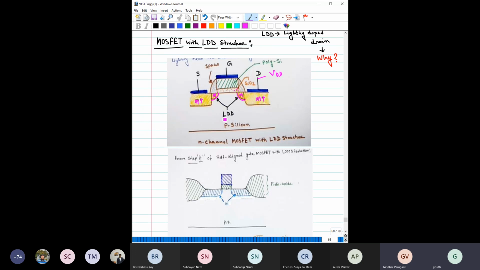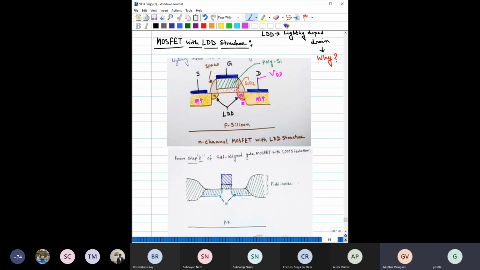To prevent that, people have introduced a region which is lightly doped beside this N plus drain region. For the time being, let us forget about the source side and only concentrate on this drain side. So they have made this N minus lightly doped region here.